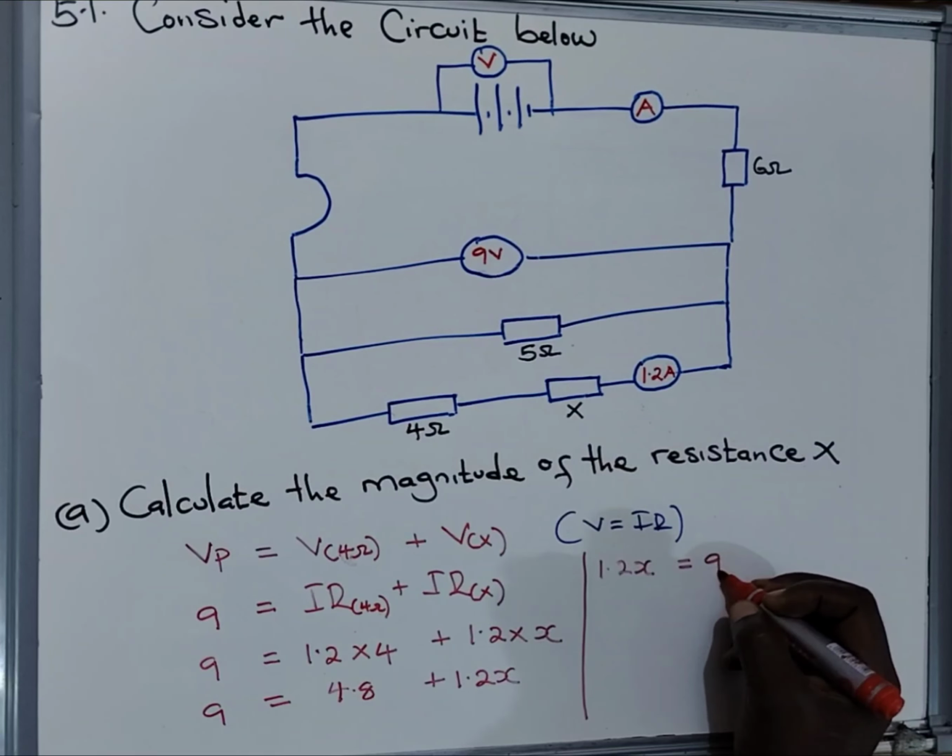So which means that our x is 4.2 divided by 1.2, giving us 3.5 ohm.